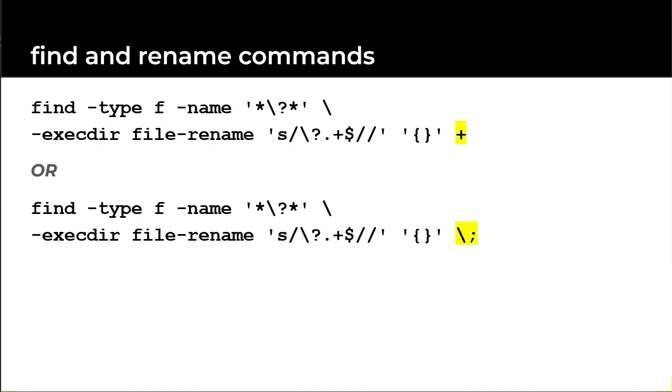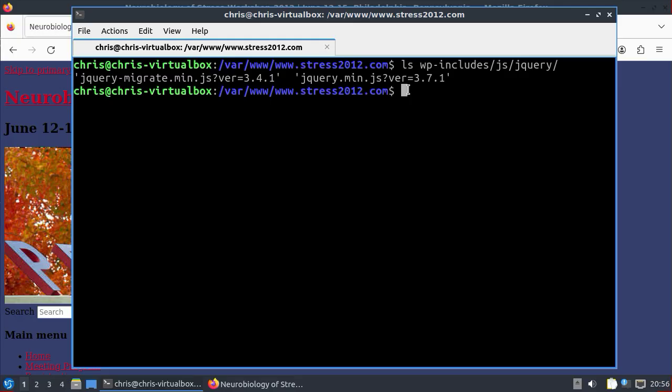Let's give this a try. Find -type f -name. We're going to look for question marks.